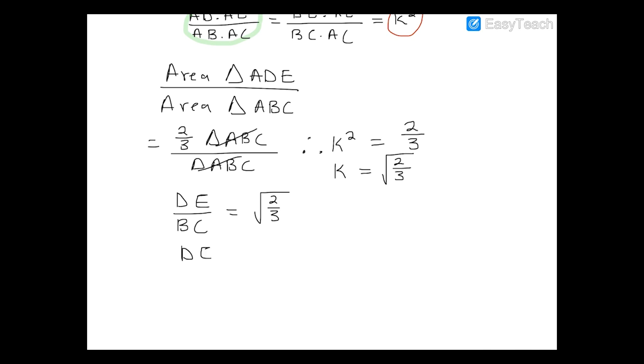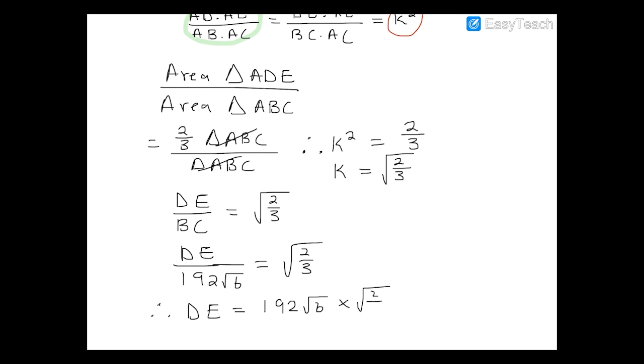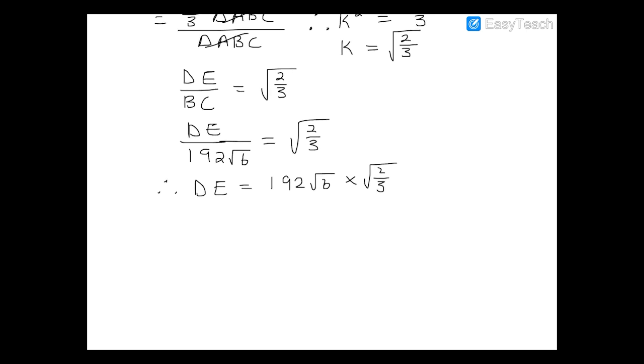So DE divided by 192√6 will be equal to the square root of 2/3. And therefore, DE will be equal to 192√6 multiplied by the square root of 2/3, which we can simplify further into 192 multiplied by the square root of 6 times 2/3, which we get 192 multiplied by the square root of 4, because 6 times 2 is 12, divided by 3 is 4.